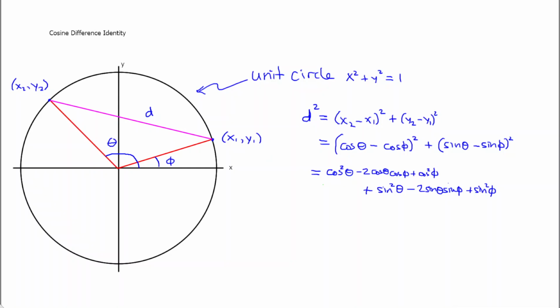What we notice now is that if we just imagine the cosine squared theta and sine squared theta together, that sum is equal to 1.